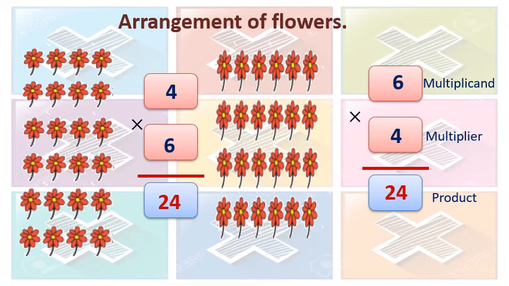Here in the first 4 6s we have calculated, and in the second pattern 6 4s we have calculated. The product is same, means if we interchange the numbers in multiplication, then also we get the same answer or the same product. Isn't it? This is one of the properties of multiplication.